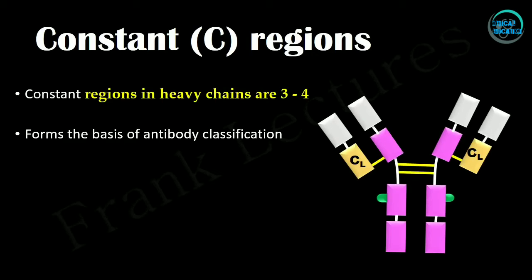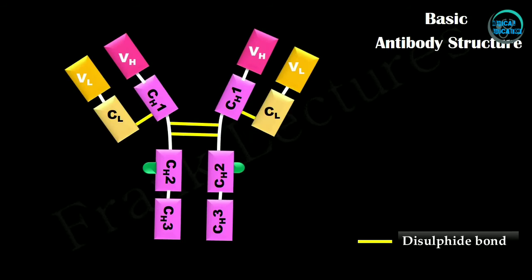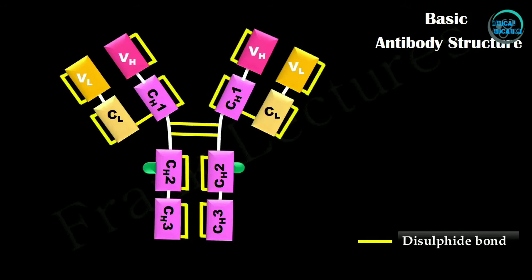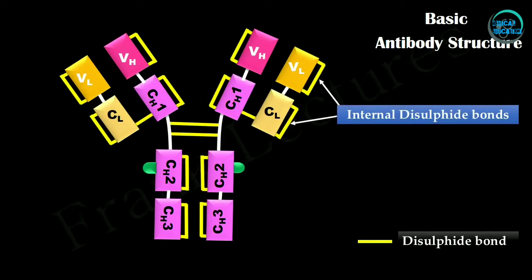The constant regions of the heavy chains are designated as CH1, CH2, CH3, CH4 starting from the N-terminal of the chain. Finally, each variable and constant region in an antibody molecule also has at least one disulfide bond. These are internal disulfide bonds.